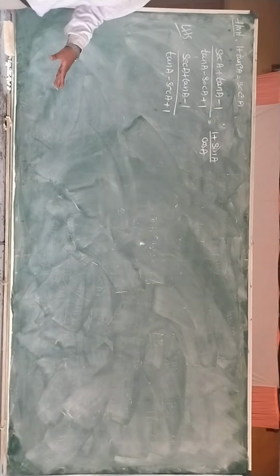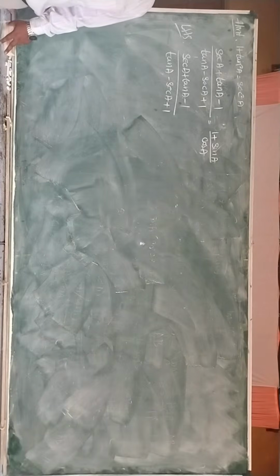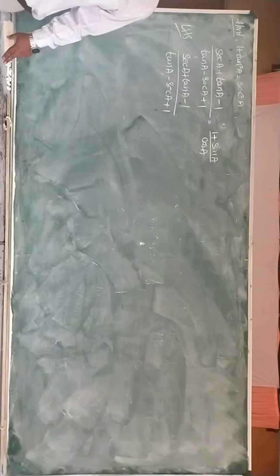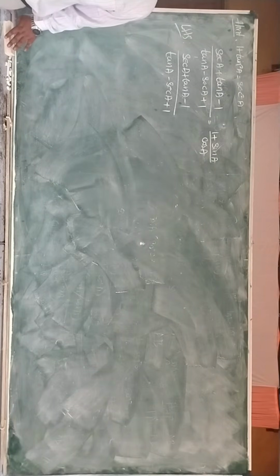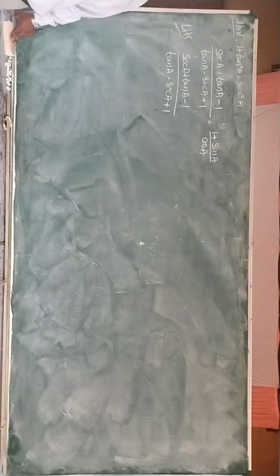Numerator or denominator? Why numerator? Why not denominator? You should cancel the denominator, okay? But some of the times we are taking denominator, and few of the times we are taking numerator.